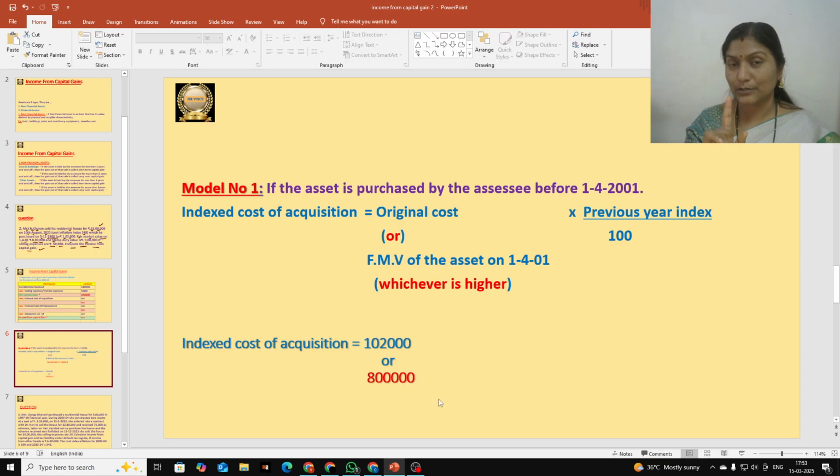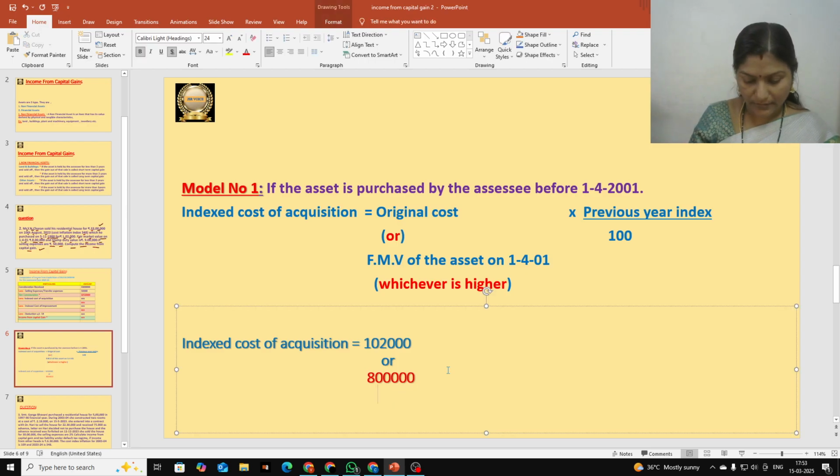Hope this is clear, students. Note this point. Here I am comparing the selected one, 8 lakhs rupees, with the stamp duty value, because stamp duty value also is given in the question. The least one should be taken. So 8 lakhs or 9 lakhs, which is least? 8 lakhs. So I am taking 8 lakhs only here.